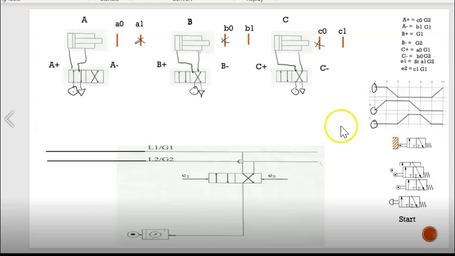Okay, next we want to know which switch we're going to use. Okay, for the contact, this one we know is A0. Oh sorry, it should be A1 here. Okay, A1 at the beginning. So B0 and C0. So the touch limit switch we'll use for A1, B0 and C0.